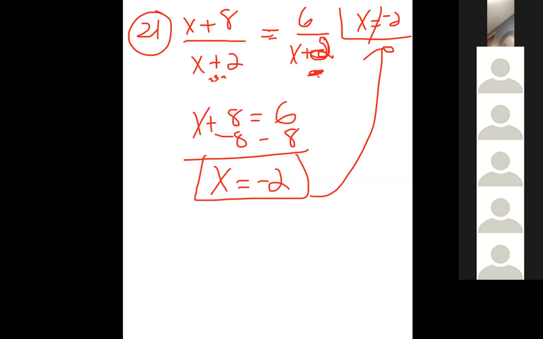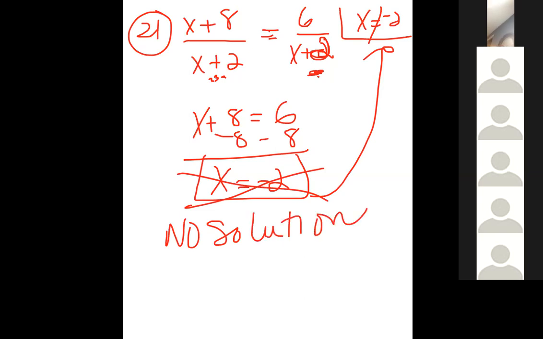You're not allowed to have x equals -2 as a solution. So we're going to reject this and say this one has no solution. So for problem number 21, I think everybody ends up with a similar outcome. There's no solution for it. So you guys might want to write a note next to that. For problem number 21, there is no solution to it, guys.